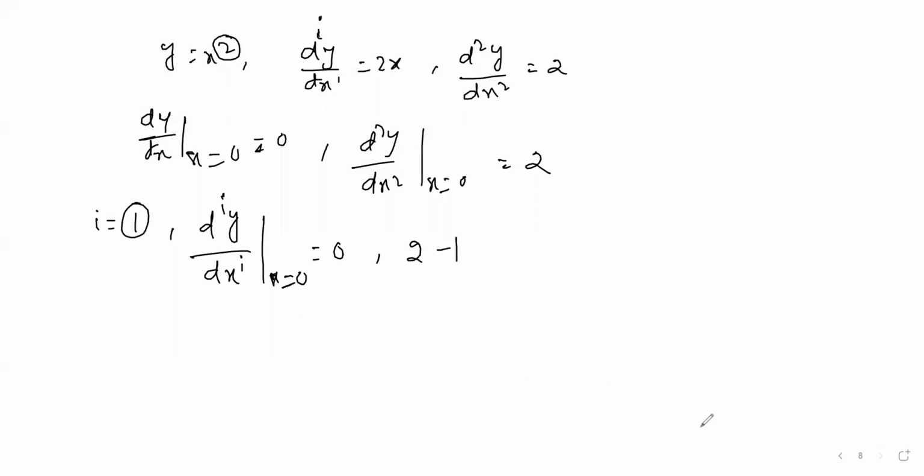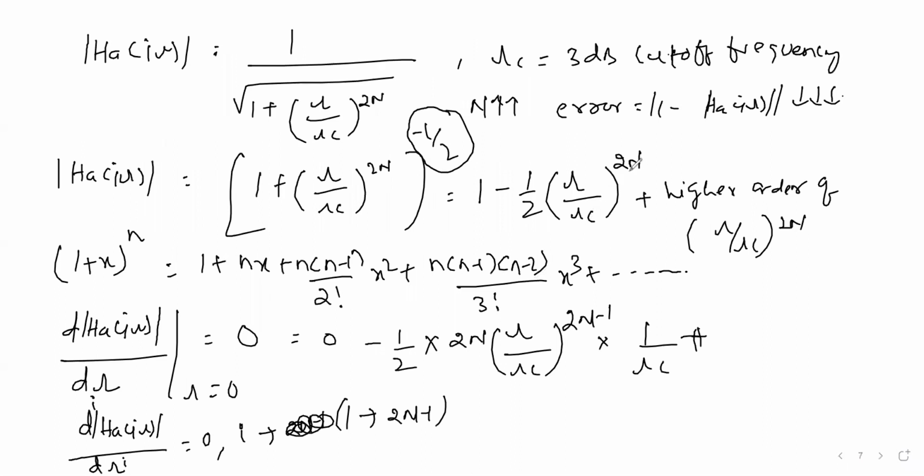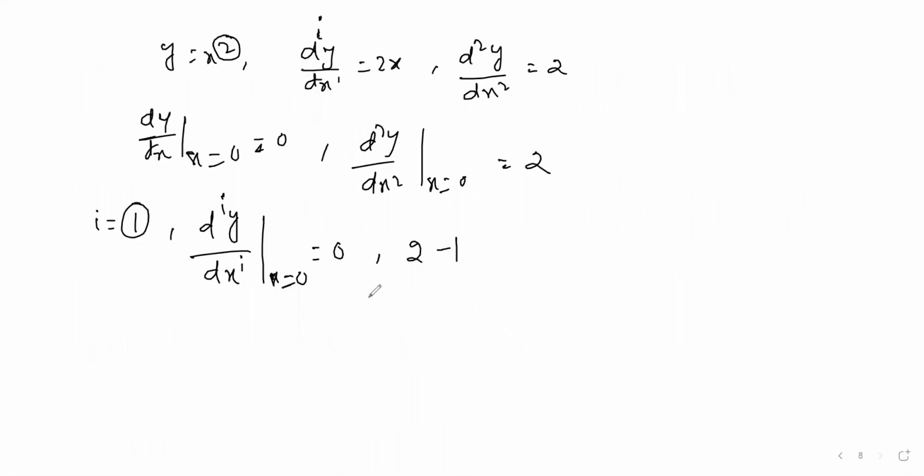Yes or not? That's why, if you see the back side, here the order is 2n. This order is 2n. So up to 2n minus 1. If you compare this, here the order is 2.